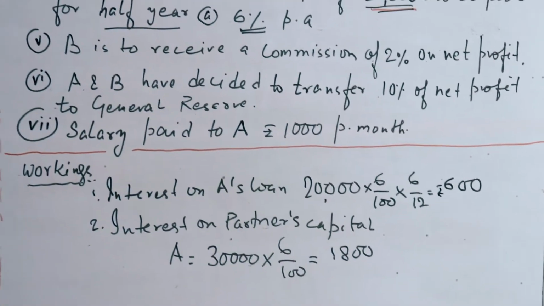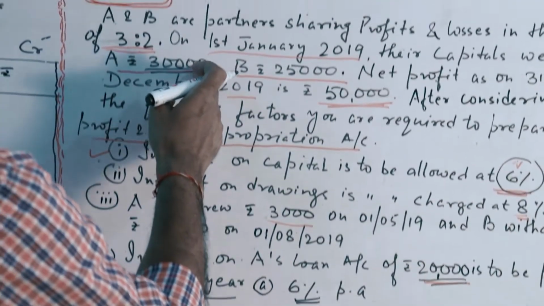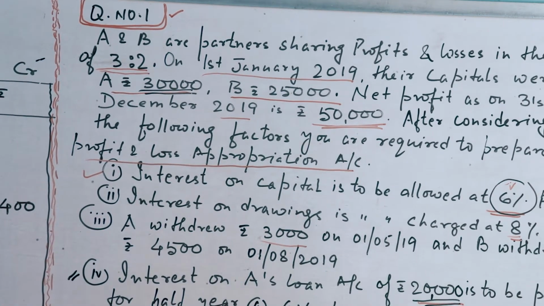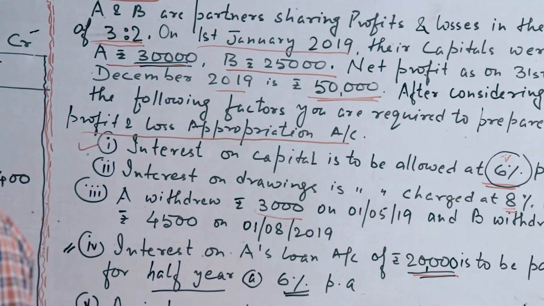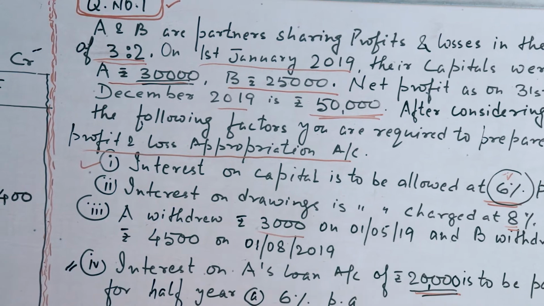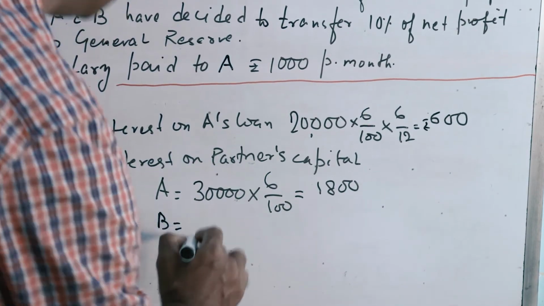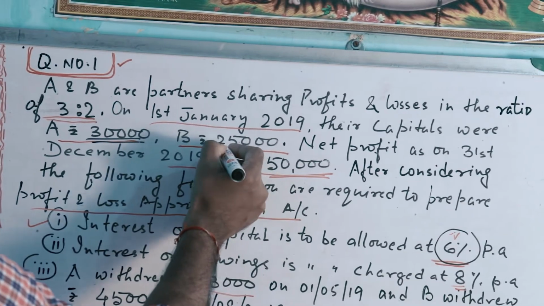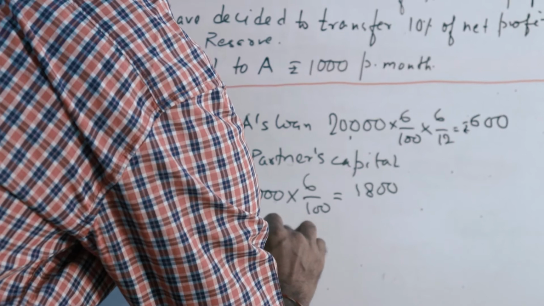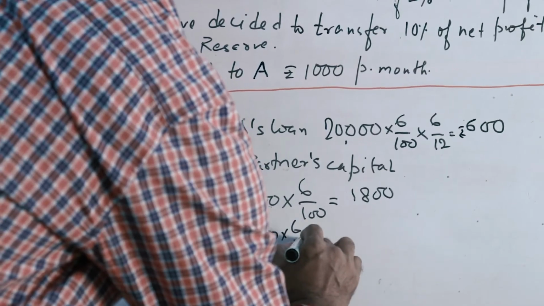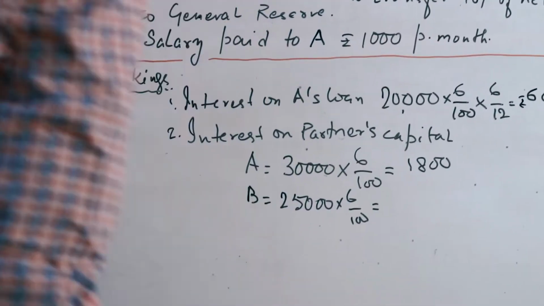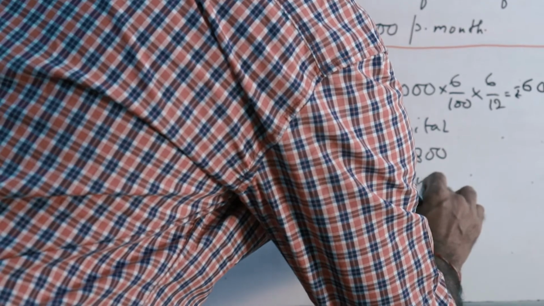So interest will be charged on opening balance of capital, and it will be calculated for the entire period, whole year. So A will get 1800. How much will B get? B's capital is 25,000. So 25,000 into 6% equals to 1,500.